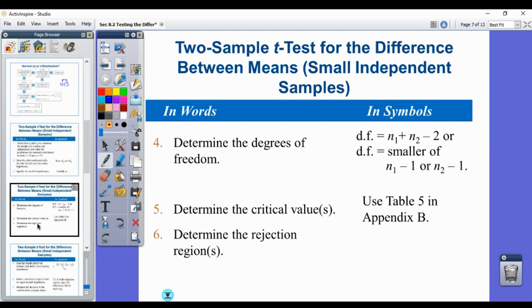You're then going to determine your degrees of freedom. So we have 2 different formulas, depending on whether or not the variances are equal or not equal. And then to determine your critical values, you're going to use table 5 from Appendix B. This is going to be on page A18.